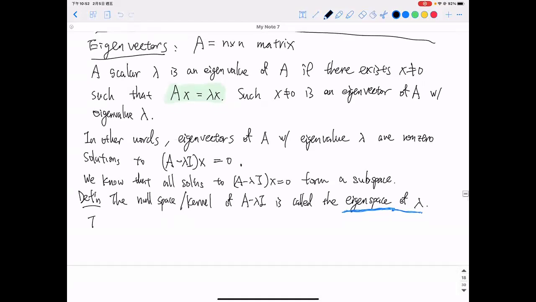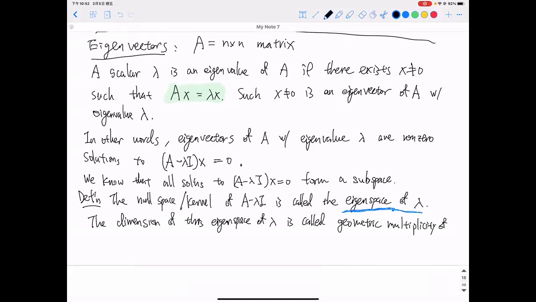The dimension of this eigenspace of lambda is called the geometric multiplicity of lambda. Geometric multiplicity is the dimension of the eigenspace.